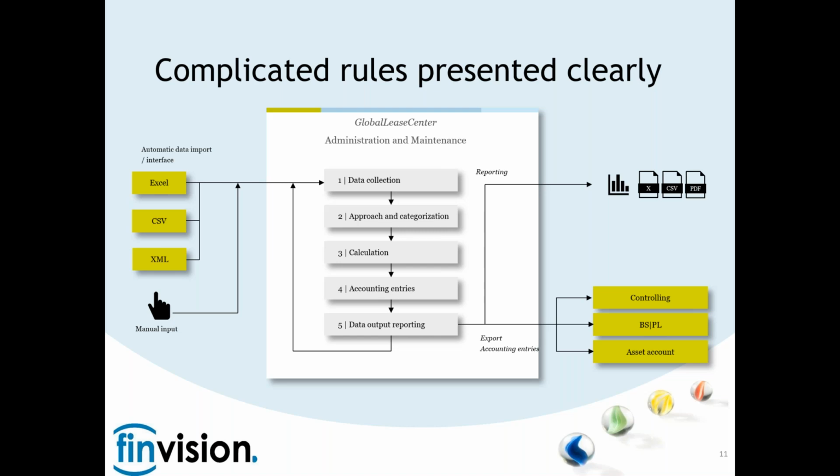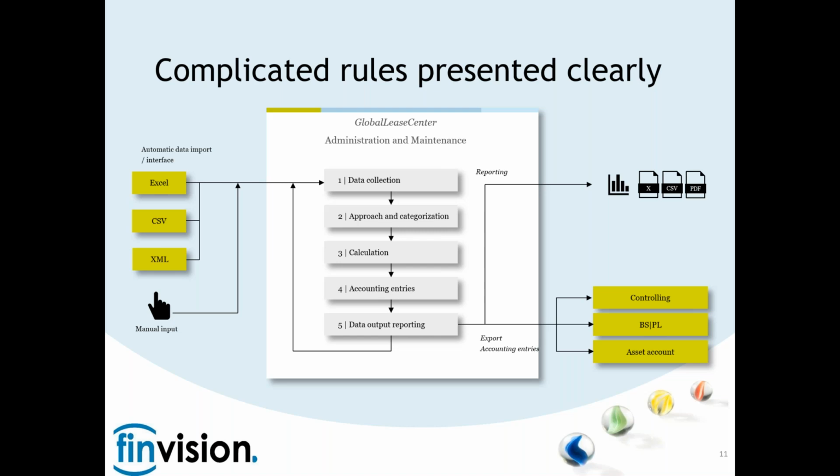You start with data collection, which is your contract management. You will do some categorizations. For example, if you have defined that low value lease assets are not recognized, because you use the exemption, then in the categorization the system will exclude them. If you have included them in the data collection, they will be excluded from further accounting under IFRS 16.